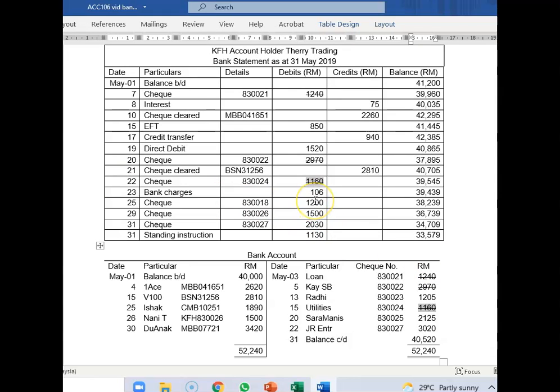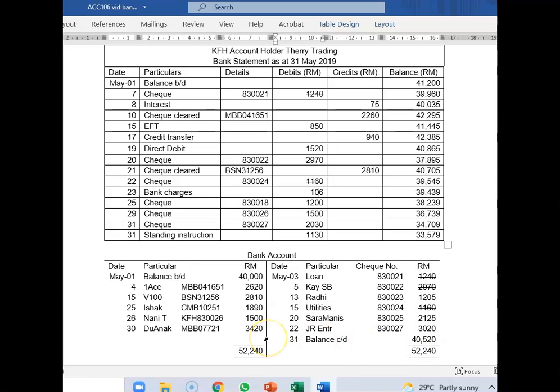Next, 106, no, there is no 106 here. 1,200, no. 1,500, still no. 2,030, still no. And 1,130, still do not have that amount. Okay, done comparing the debit items in the bank statement with the credit items of the bank account.